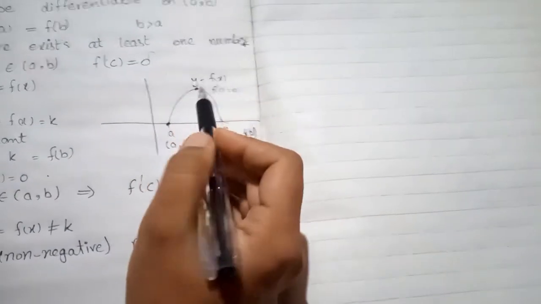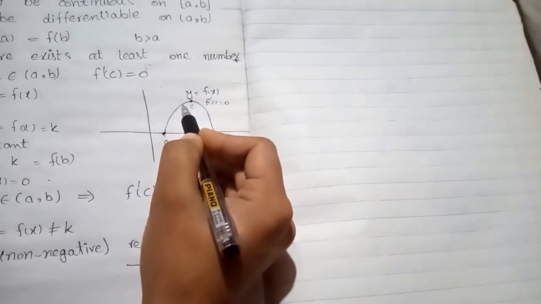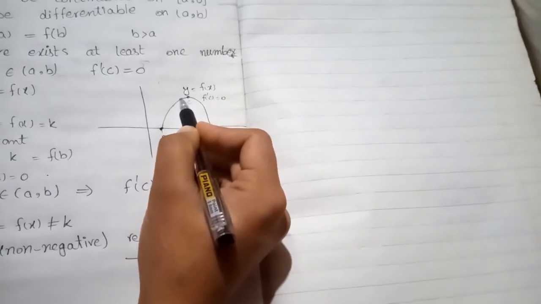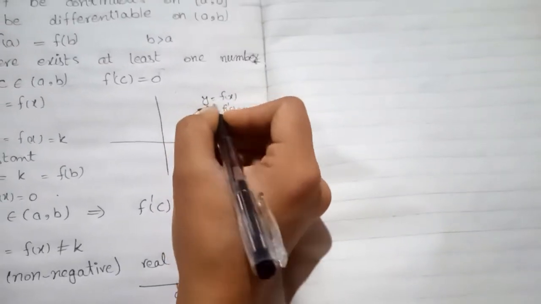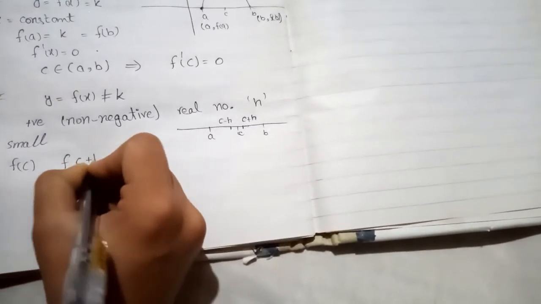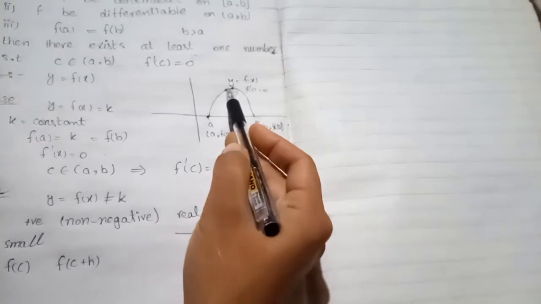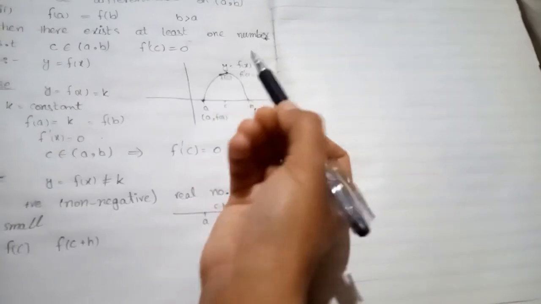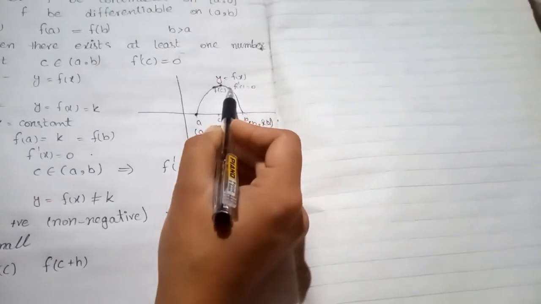According to the graph, if c is here, then f(c) is here. Considering f(c) and f(c + h), we see that f(c) is greater than f(c + h). Let's suppose here the value of the function is decreasing.